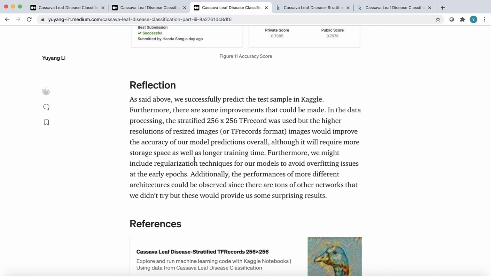At last, there are a lot of networks we didn't try. We hope to continue the experiment with those state-of-the-art techniques to help us with the prediction, and we might obtain some surprising results in the future. We are hopeful of this process.